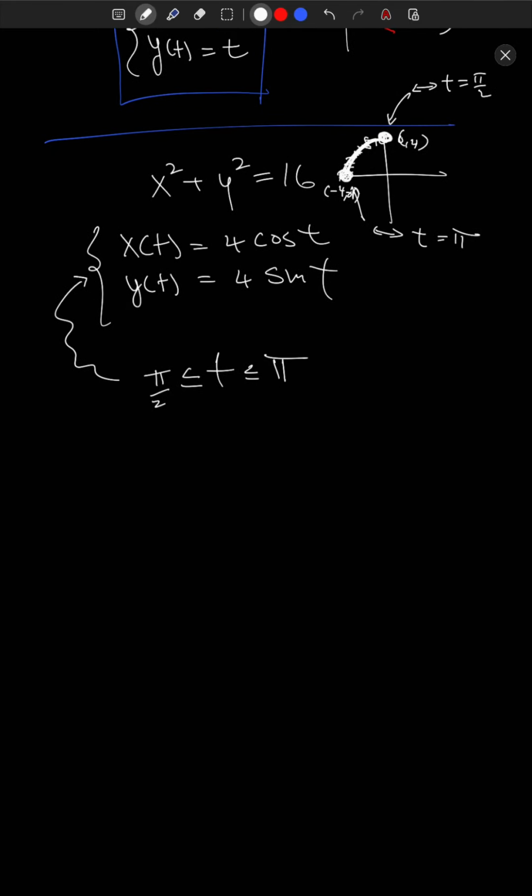Now if I wanted to describe this circle, but all the parts from here all the way until there, three quarters of the circle, but not the part in the first quadrant, then I could use the same exact parametric equation, except my t would, in this case, be pi over 2 to 2 pi.